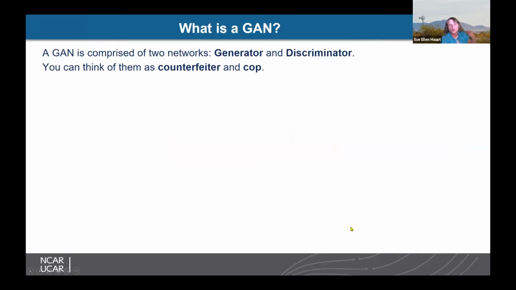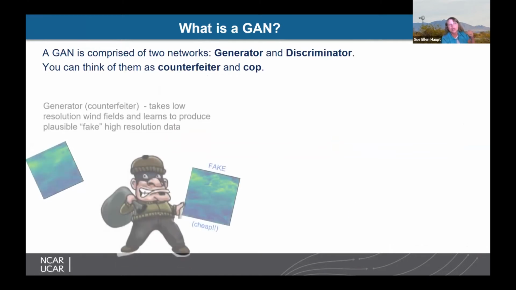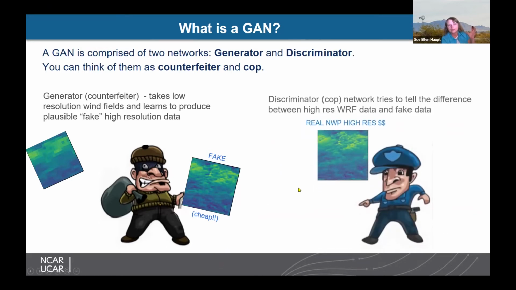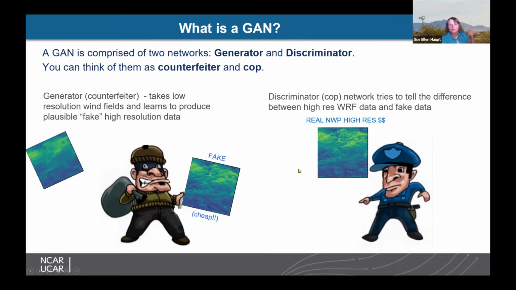So first, what is a generative adversarial network? You can think of it as really two types of networks. First, a generator. The idea there is to take the low resolution input fields and to produce the fake or counterfeit high resolution data. Very cheap to do this once you've trained it, but it's not real data. Now, how do you tell whether it's close enough?